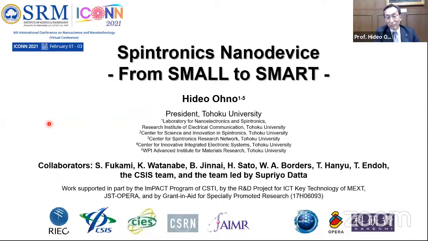He also has been a fellow of the Institute of Physics since 2004, honorary professor of the Institute of Semiconductors, Chinese Academy of Sciences since 2006, a fellow of the Japan Society of Applied Physics since 2007, and a fellow of the American Physical Society since 2012.